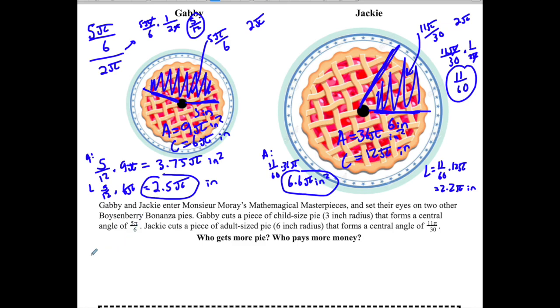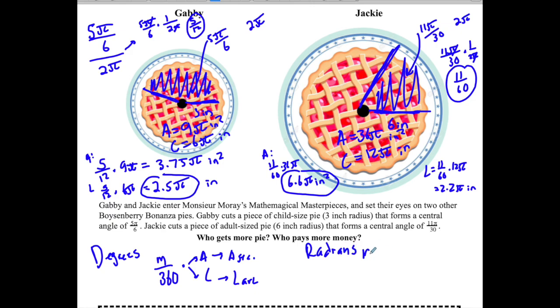Okay? With degrees, you take your measurement, you divide it by 360, you multiply it by either the area or the circumference. The area gets you the area of the sector, and the circumference gives you the length of the arc. Okay, radians, it's going to be the exact same thing.